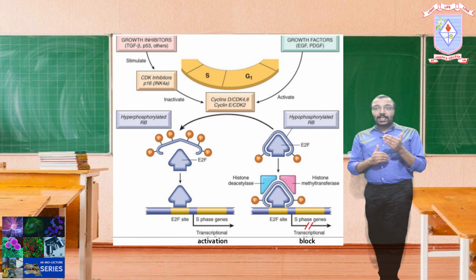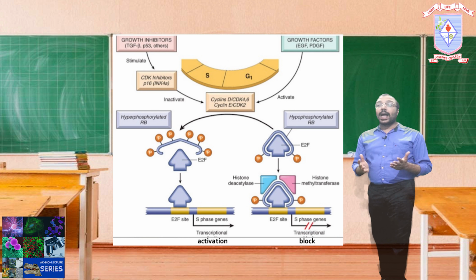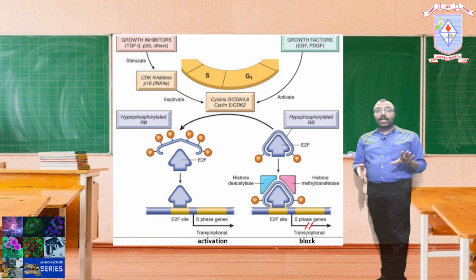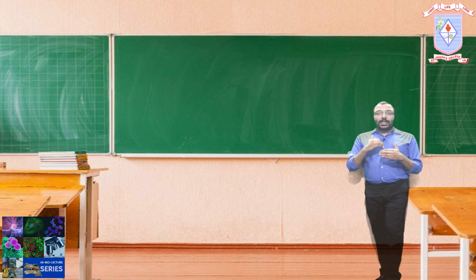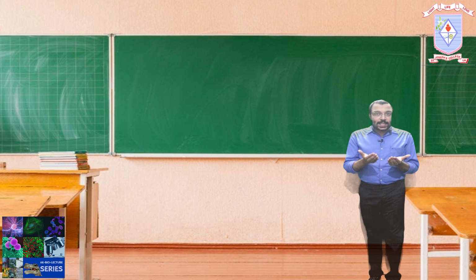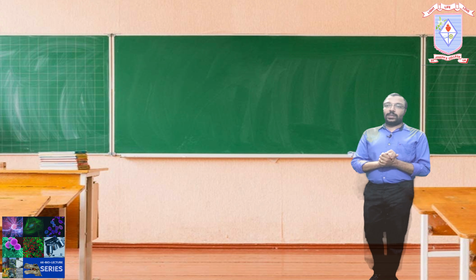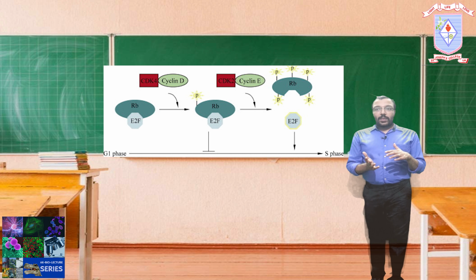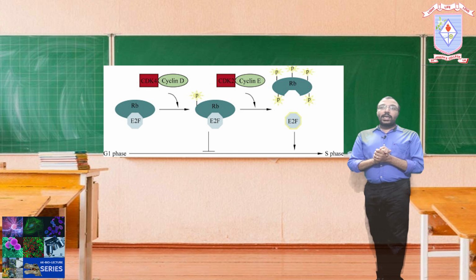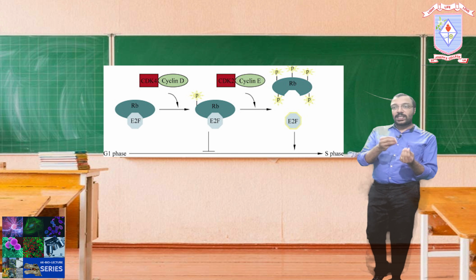As a result of HDAC dissociation, histone acetylation occurs and heterochromatinized DNA turns into euchromatinized DNA. Now, the transcription factors can access the DNA because of its euchromatinized nature. Because of the dissociation of E2F from RB protein, that is retinoblastoma protein, E2F is free now to turn on the genes required for the G1 to S phase transition.